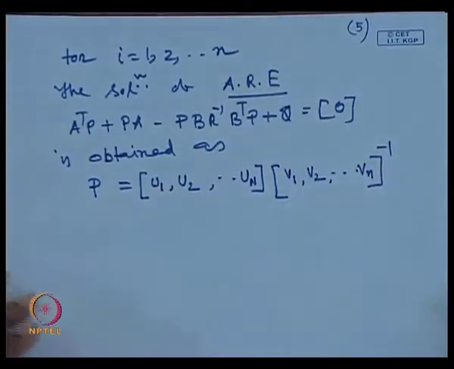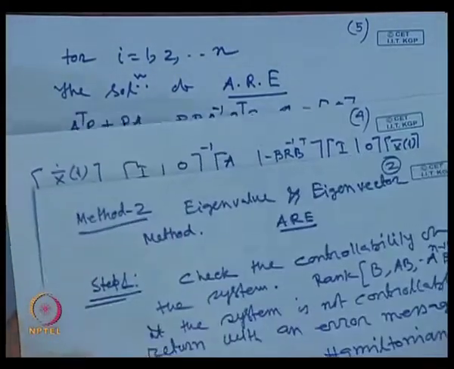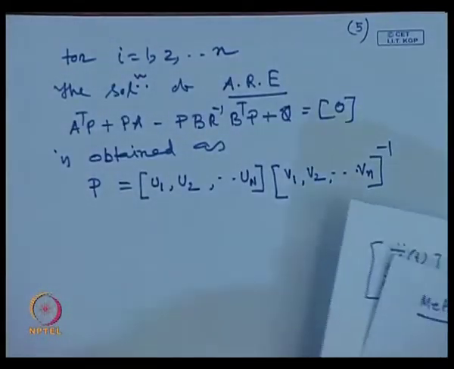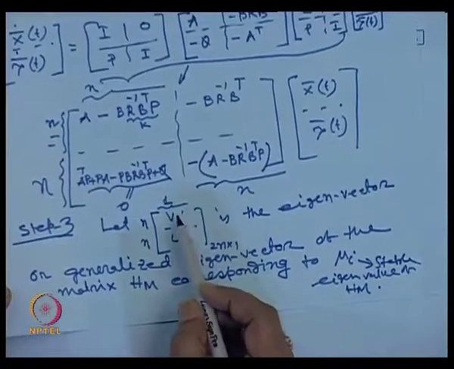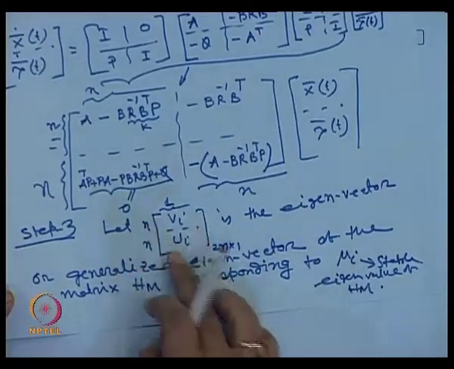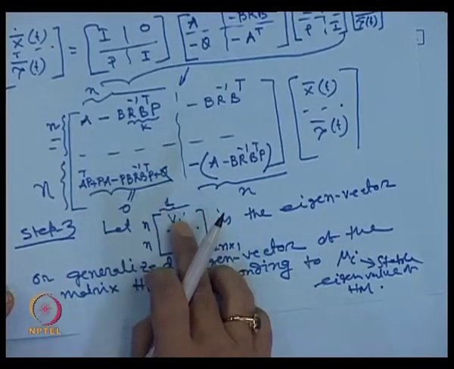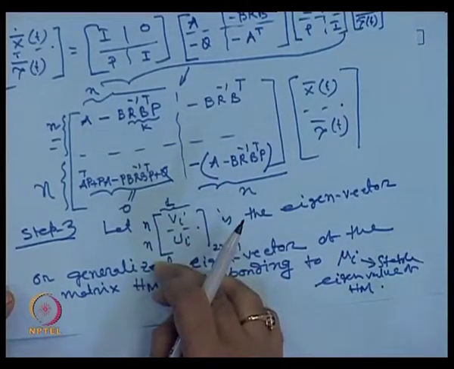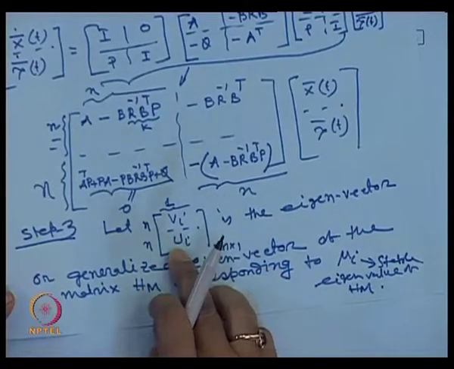Now, see this one here. This is the eigenvector corresponding to eigenvalue mu_i, which is a stable eigenvalue. And when you get the first n rows of this column vector, you partition as V_i. The remaining n rows of this vector, you partition as U_i.